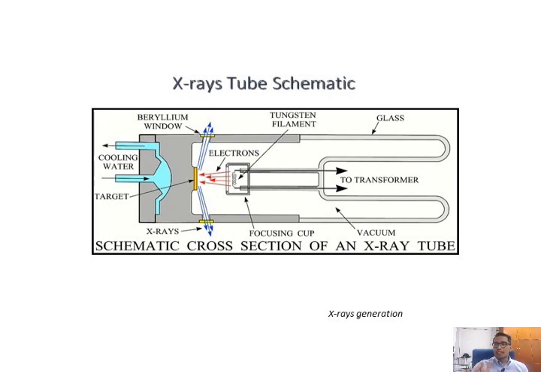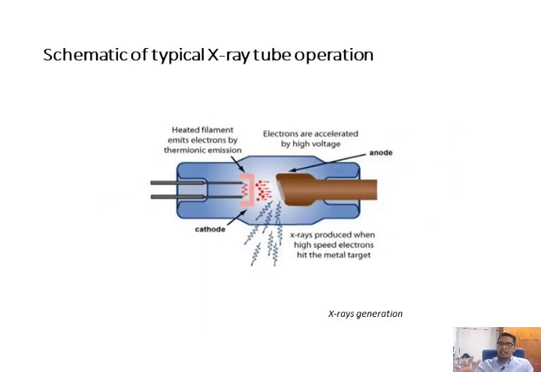Moving on, in slide number 9, we have another schematic of typical X-ray tube operation. This is the same schematic, but it works the other way around. It means that the principle is the same, but the way you see it is on the left hand side. So you know that we have the tungsten filament that we heat at the first place, and the filament can emit the electron as the effect of the electron emission.